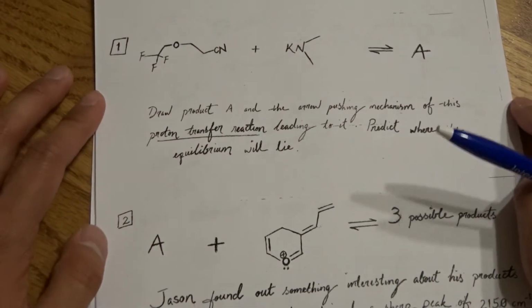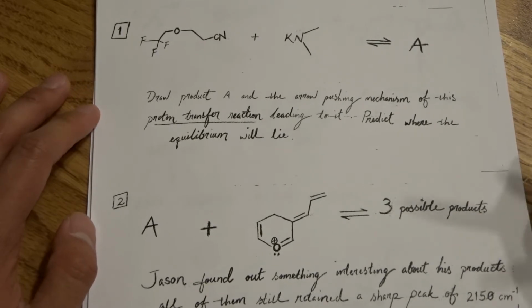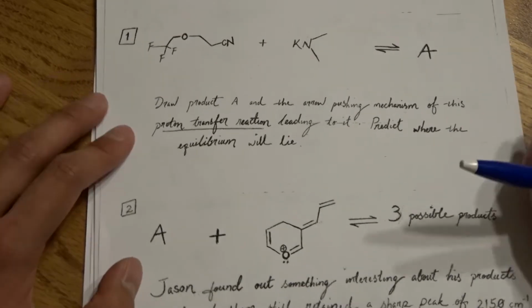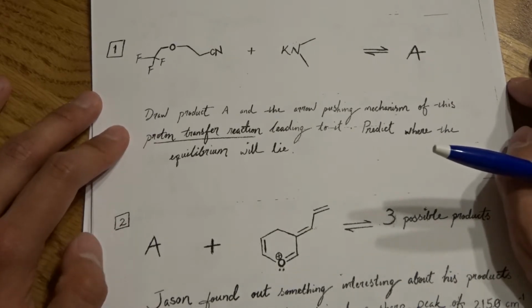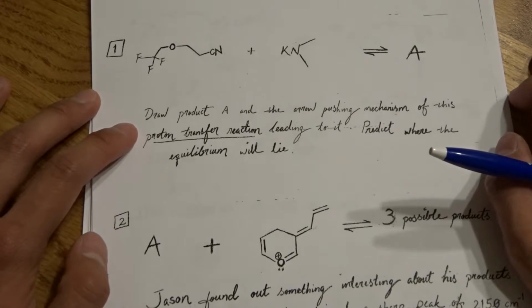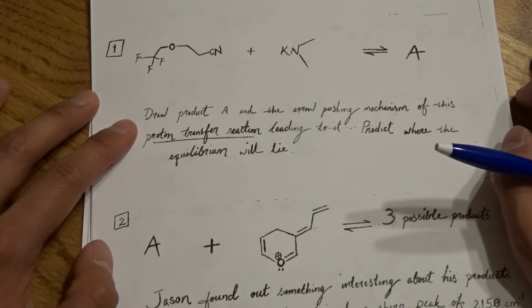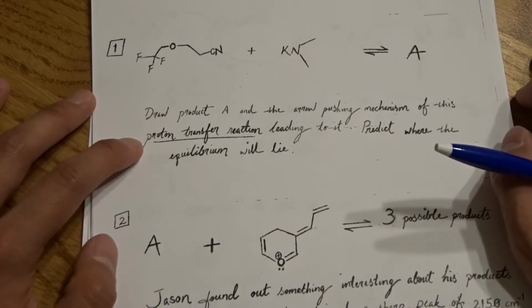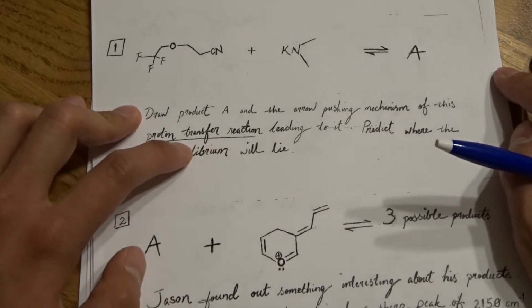Last reaction problem, which actually has a built-in two reactions. For the first part of this reaction, I have you guys draw product A as well as the arrow pushing mechanism leading to it, and I told you guys that it's a proton transfer reaction.